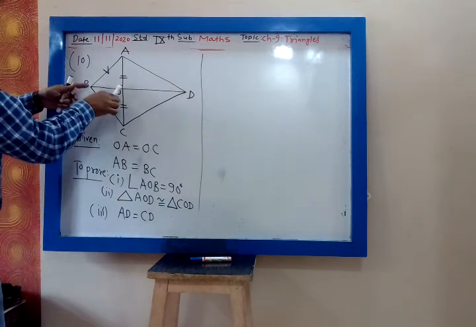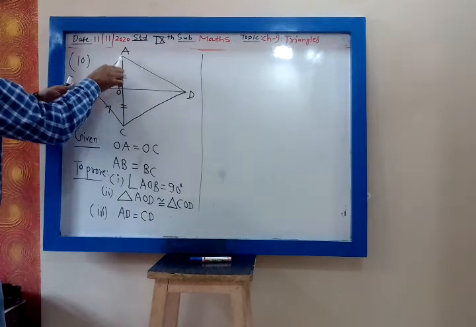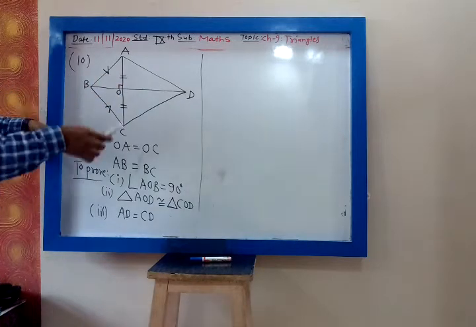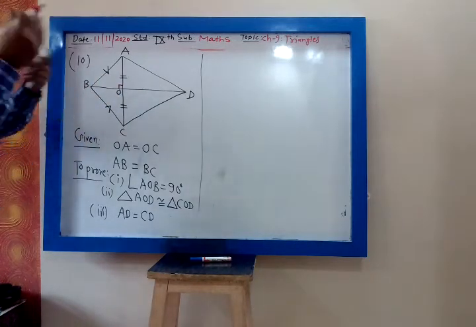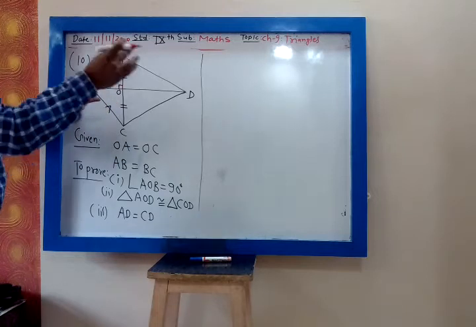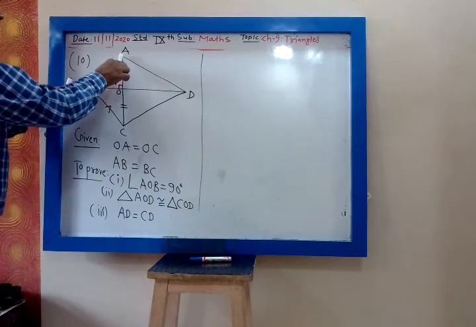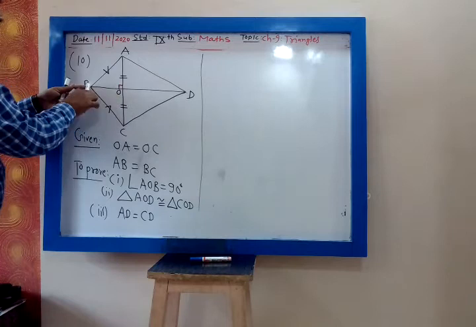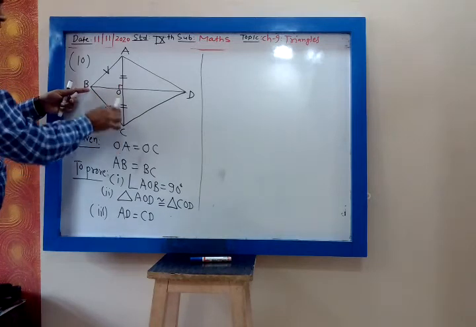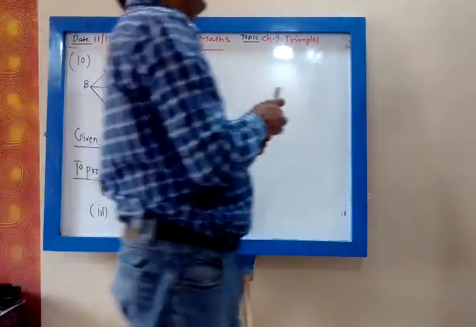So this angle comes in triangle AOB. So I will consider two triangles and show that they are congruent first. I will consider triangle AOB and triangle COB.